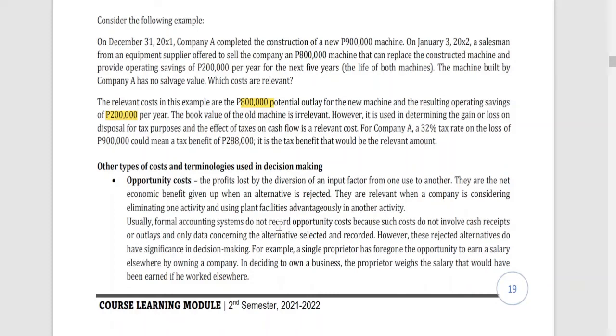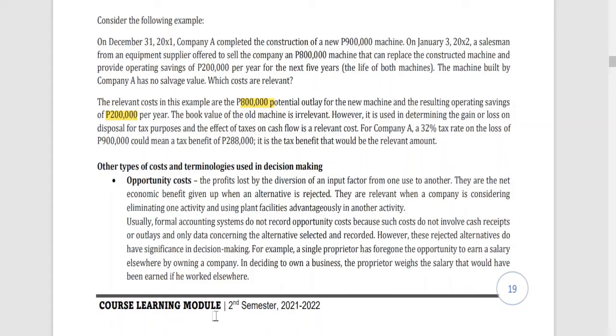Usually, formal accounting systems do not record opportunity costs because such costs do not involve cash receipts or outlays, and only data concerning the alternative selected are recorded. They are not recorded because we do not have actual cash payments or wala tay actual nga na-incur nga costs related to that.